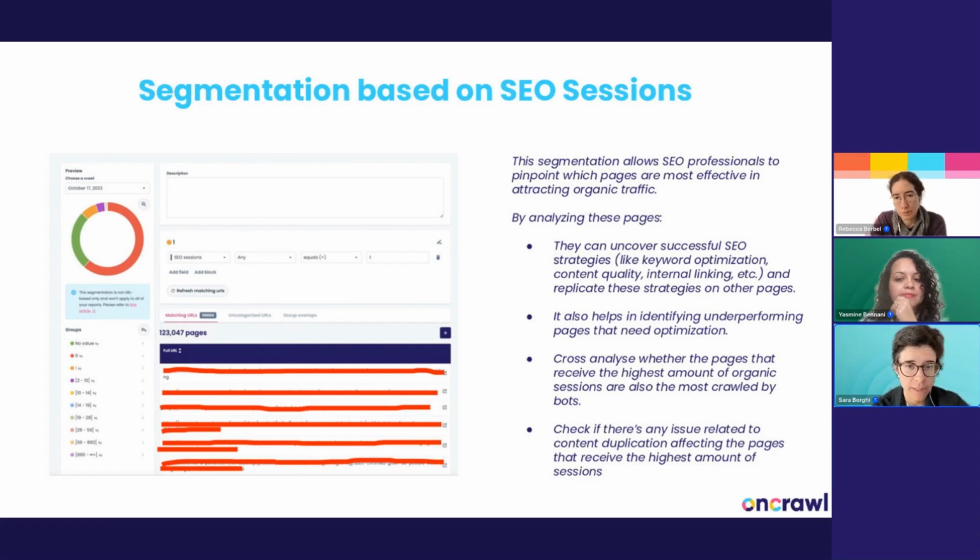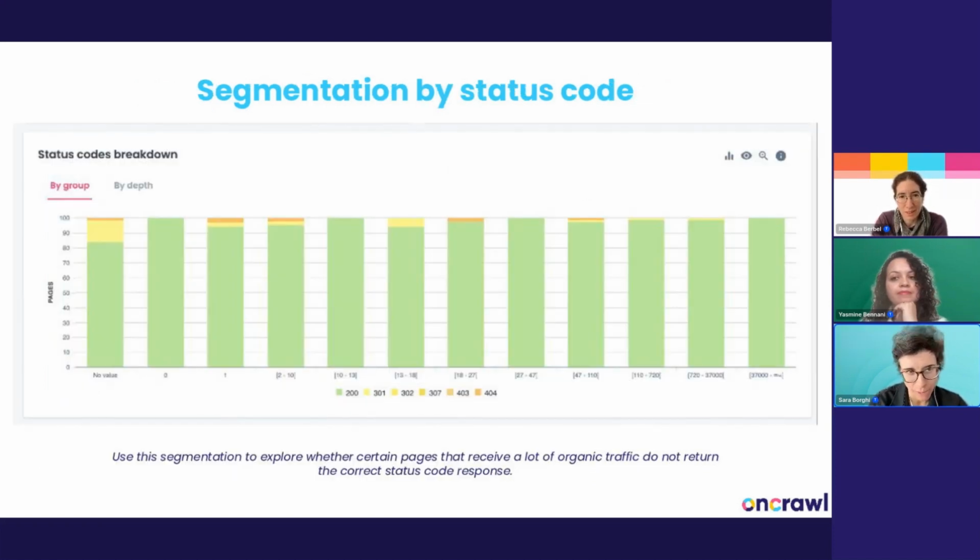And on the contrary, you can identify the underperforming pages that need optimization, and you can also cross-analyze whether the pages that receive the highest amount of traffic are also the most crawled by the Google bots. It might be this way, but it might also be different. And if we get a bit more practical, we can also check, by using the segmentation by session, whether the pages that receive a lot of organic traffic are affected by status codes that are not 200.